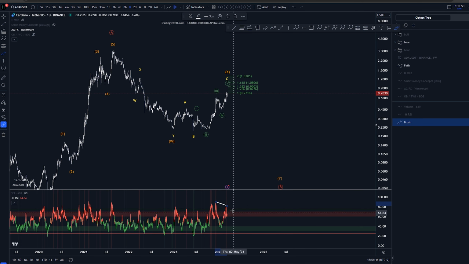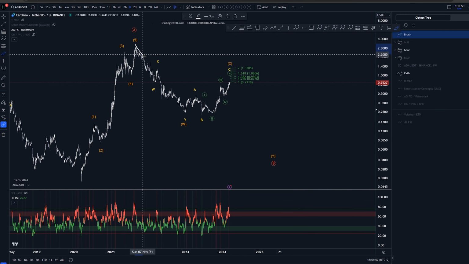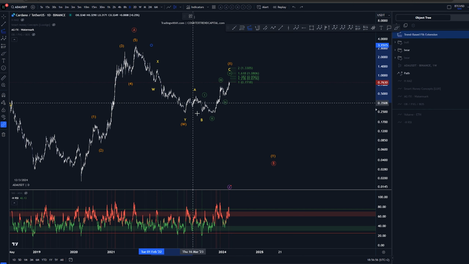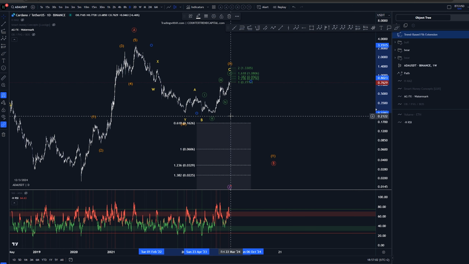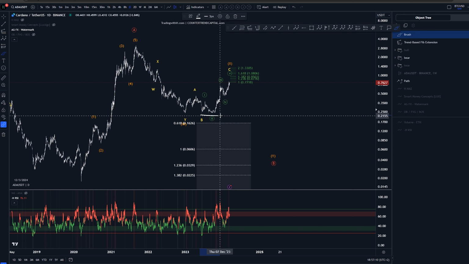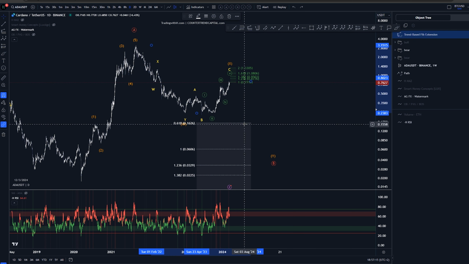Currently, we do have divergences going on, and the next thing here for the bear case would be that we would be looking to create a partner leg downwards. Where it's going to be going depends on whether we're going to be pivoting here or not. The ultimate area of interest here is this low of around 22 cents. If we break this, then this bear case becomes more of a reality.